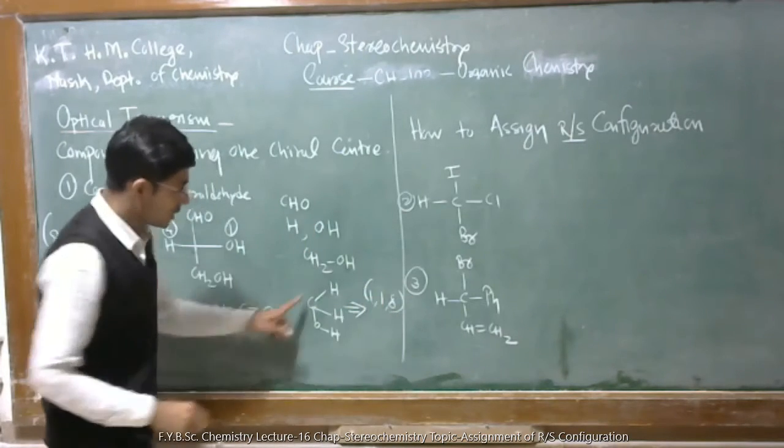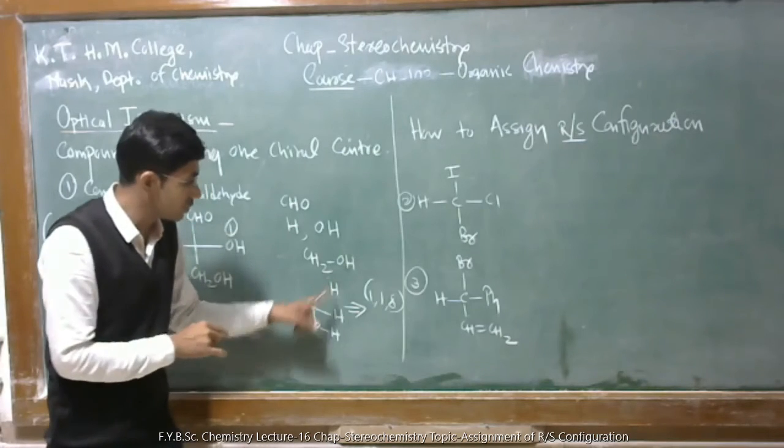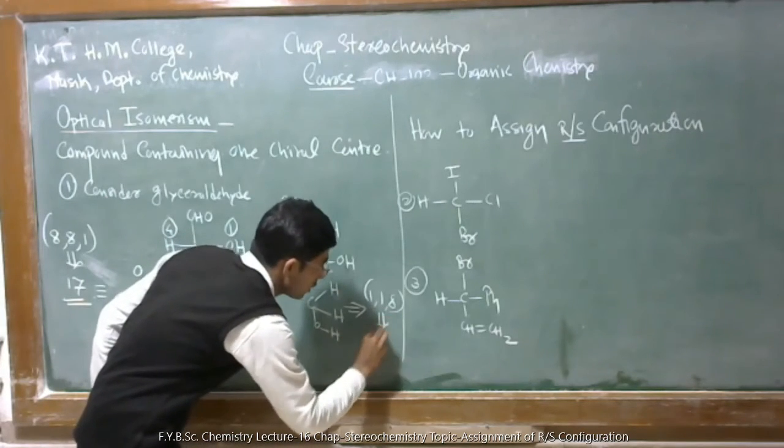This carbon is attached to oxygen directly, so we consider only oxygen and hydrogen. So overall it becomes only 10.